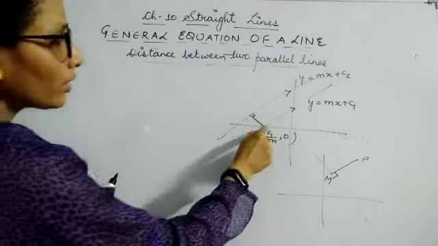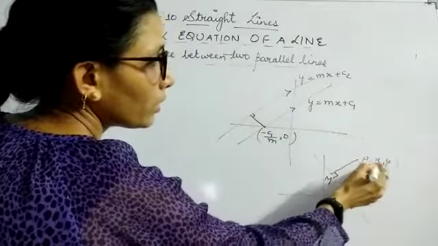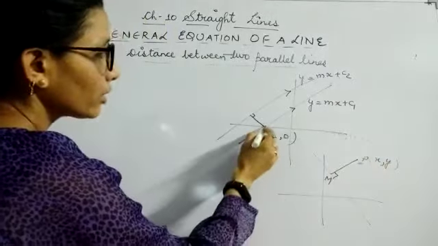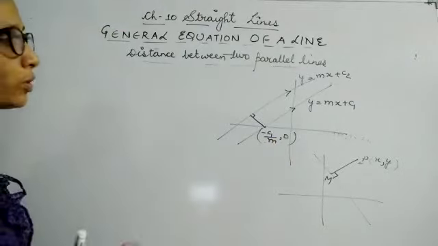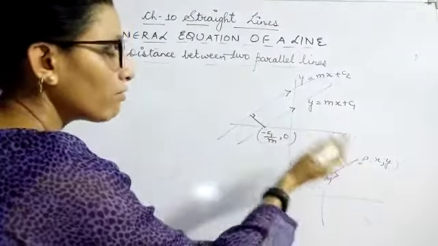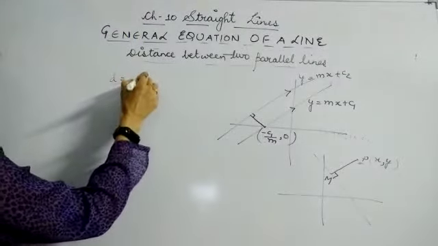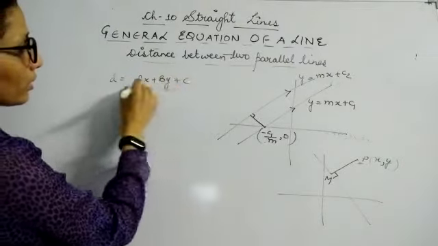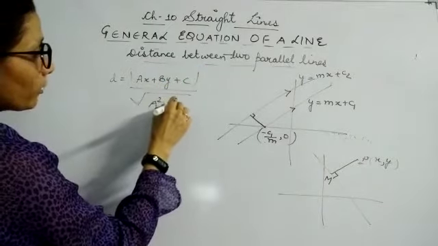So here your point P was known to you as x comma y, and here this point is also known to you as minus c1 upon m comma 0. That means this point is known to me. I will be applying the same formula, which is d equal to ax plus by plus c whole upon under root a square plus b square.